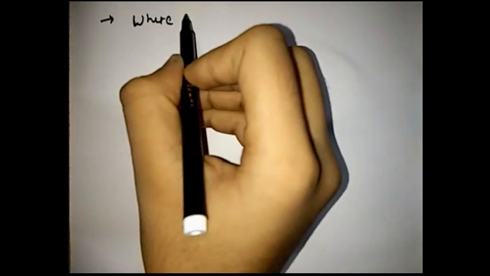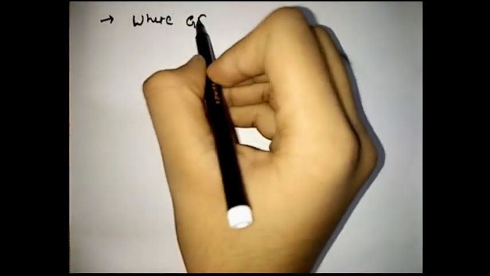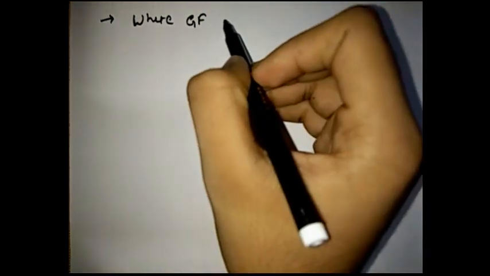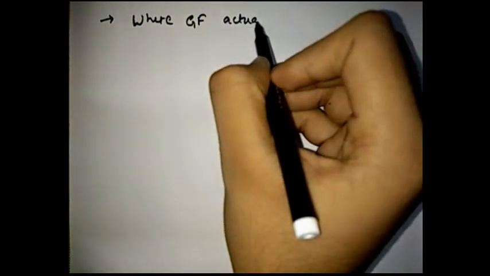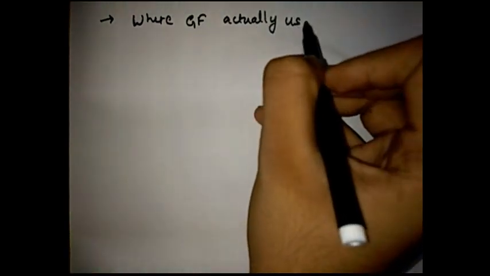After discussing the major three subgroups, to mention some important things, I'll be telling where the general formulas which I have mentioned in the above three subgroups are actually useful. And how are they actually useful?